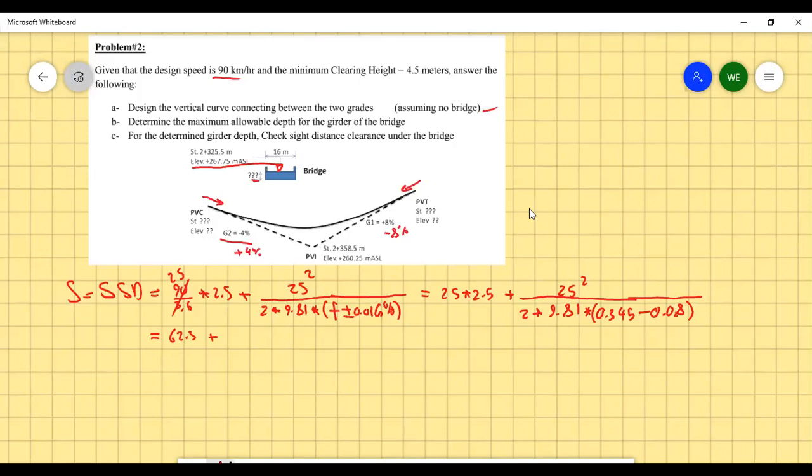So this would be 120.2. So the total will be 182.7 meters.